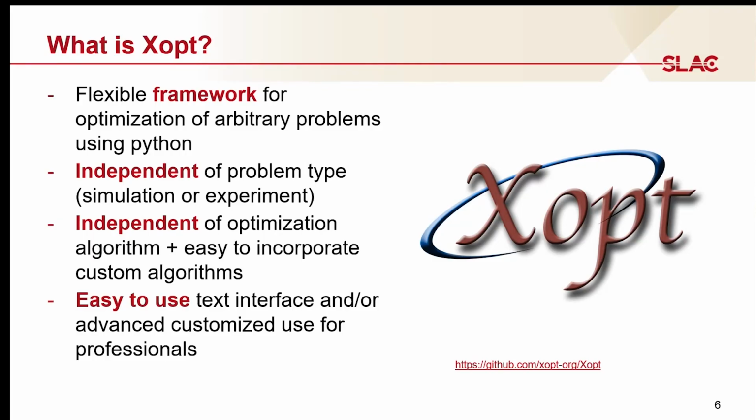It's also independent of the optimization algorithm, so you can switch out algorithms very easily. One of the most important things is that to get non-experts in the optimization field to use these algorithms, we need to make them as easy as possible to use. So we want to create an overall ecosystem that allows non-experts to use the code, but is extendable for experts to solve really challenging problems.